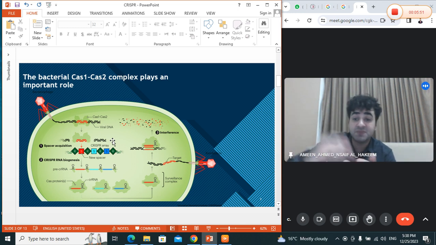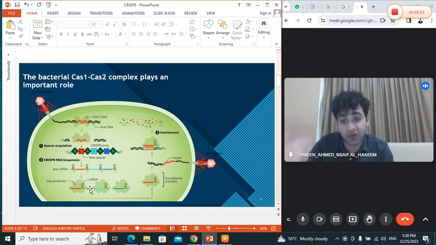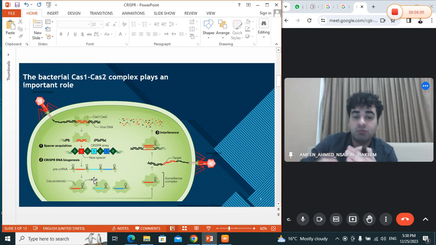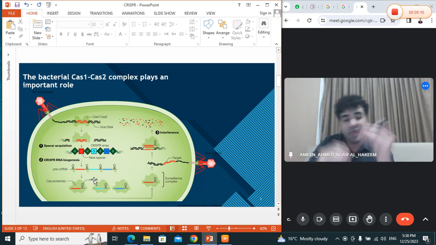For the memory and specificity, more illustration about what is happening for the pre-crRNA and after defending from the virus DNA. The adaptive immunity is the stored spacer in the CRISPR array. They call it the genetic memory of the past infection. As for specificity, the system is highly specific, targeting the particular sequence based on the stored spacer.